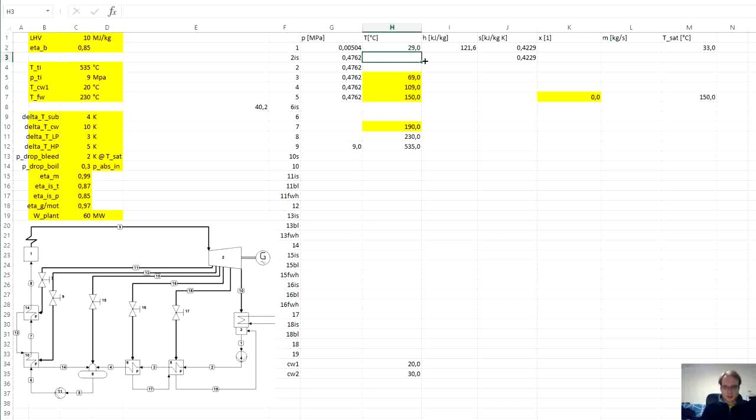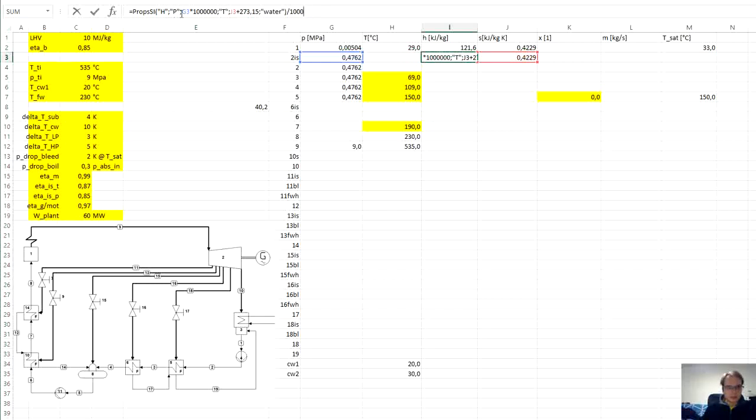So now we can continue calculating the state number 2. First isentropic: we have pressure, we have entropy. Enthalpy will be a function of these two thermodynamic parameters. So let's help ourselves with previously written functions.